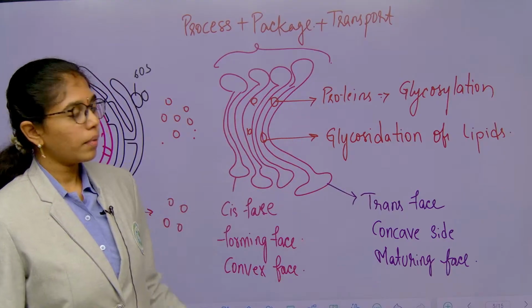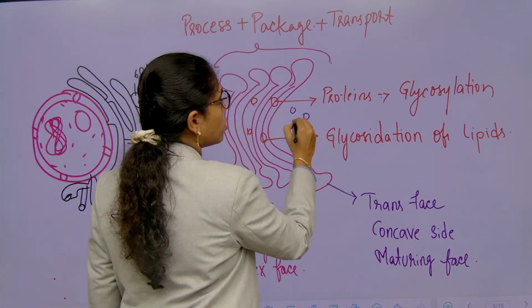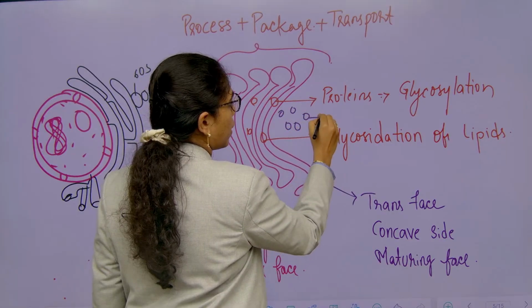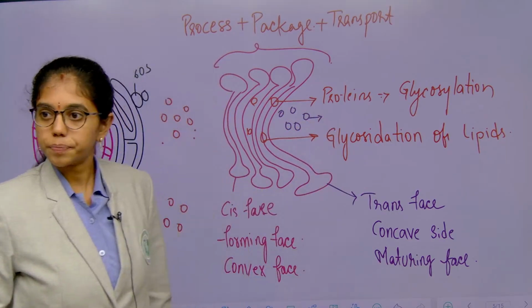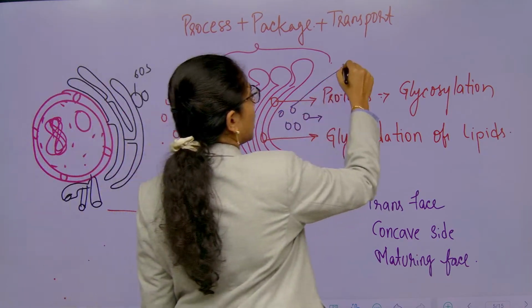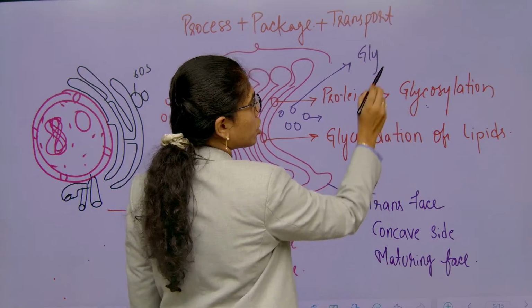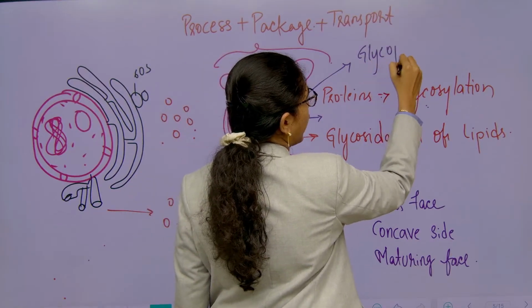From the concave side, the processed molecules will be released again into the cytoplasm like what? Vesicles. Likewise, a few molecules are known as glycoproteins and glycolipids. After glycosylation of proteins, what are formed? Glycoproteins.